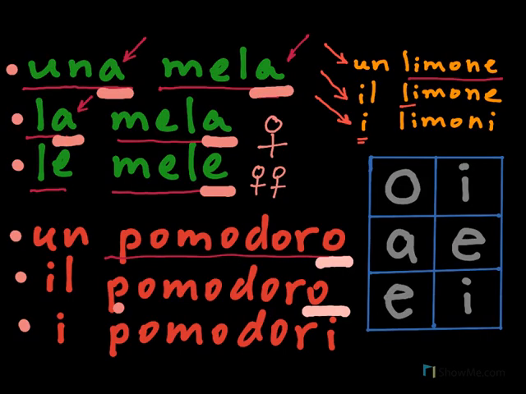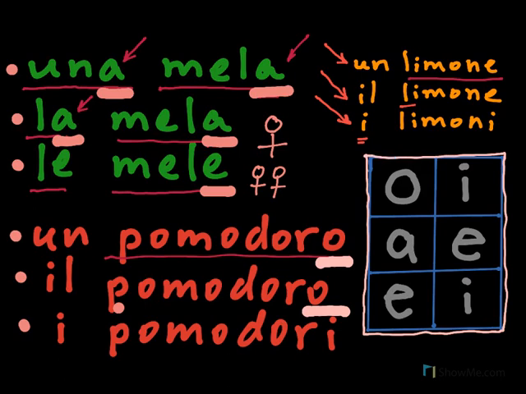And then finally, I advise you to learn by heart this little table, because it will be extremely useful to determine what the plurals are. Words that end on o most of the time will have plural ending in i. Look, pomodoro, pomodori. If a word ends on a, in plural it will end on e.